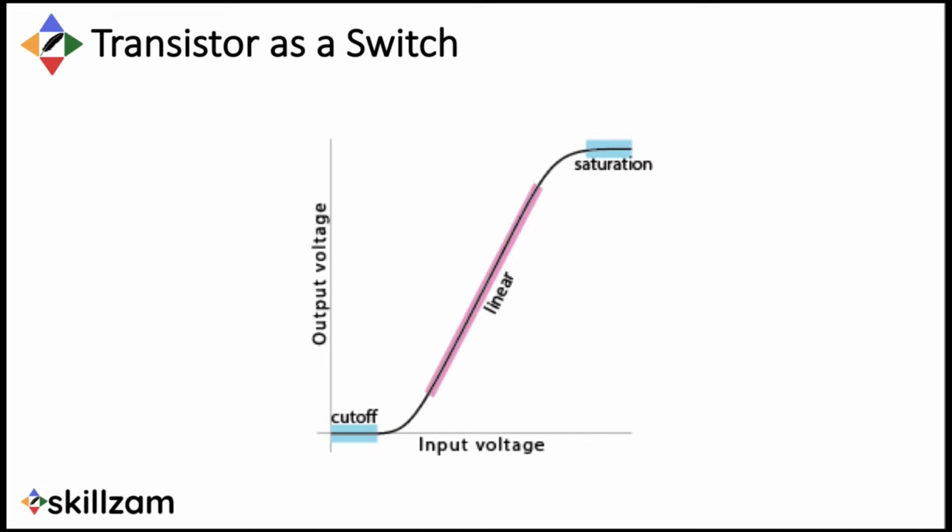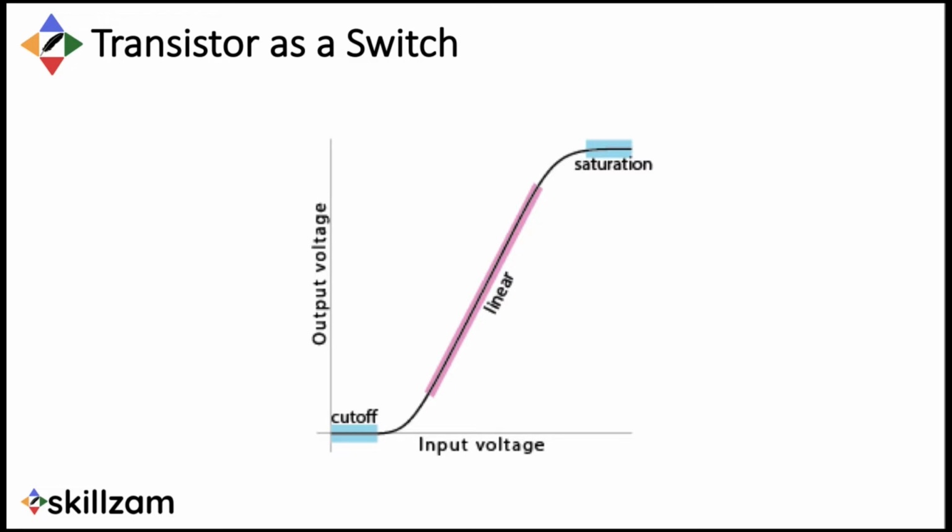Within the cutoff region, small changes to the input voltage do not change the output voltage at all. The output is always 0 volts. Likewise, within the saturation region, some input changes hardly impact the output voltage. The output is interpreted as 1. This is how transistors are used as switches in a computer.